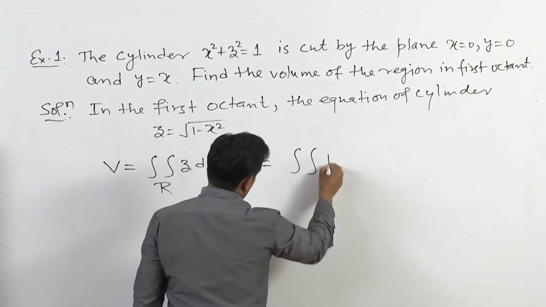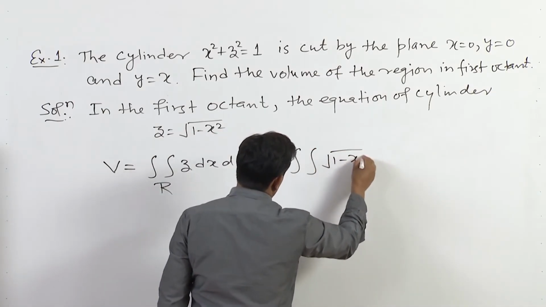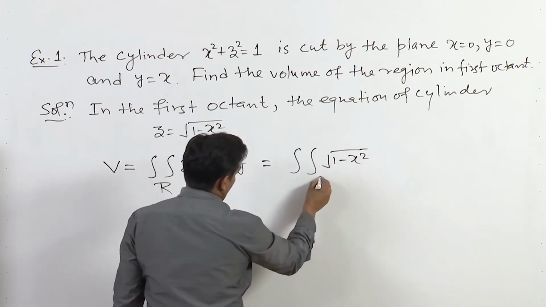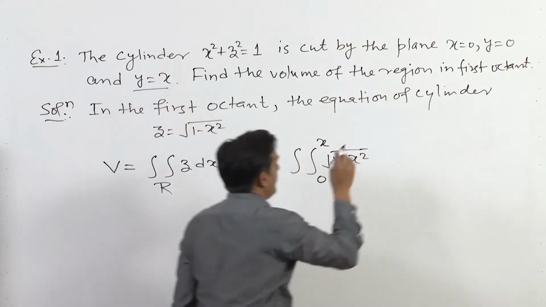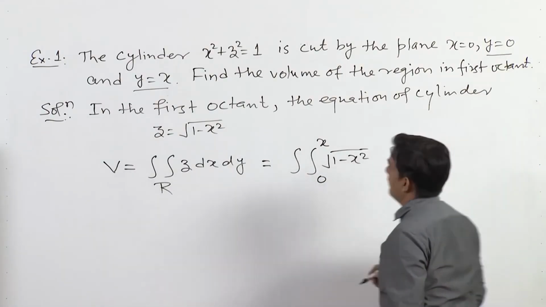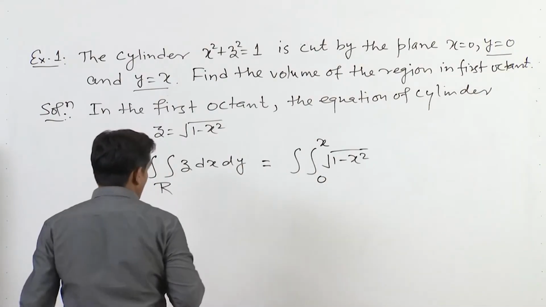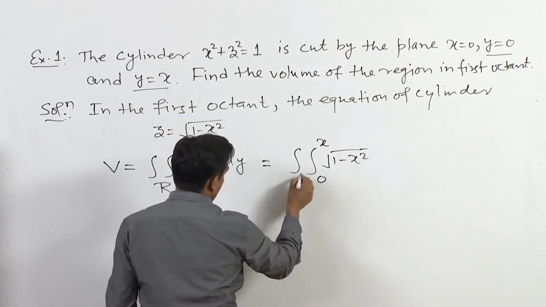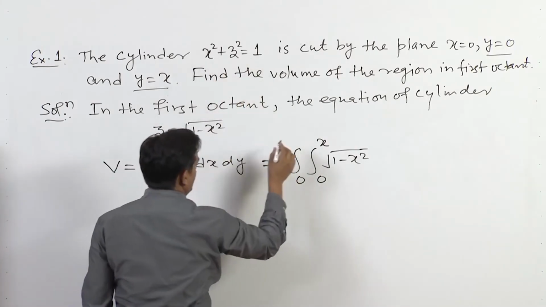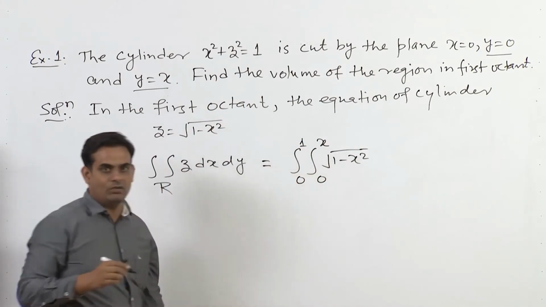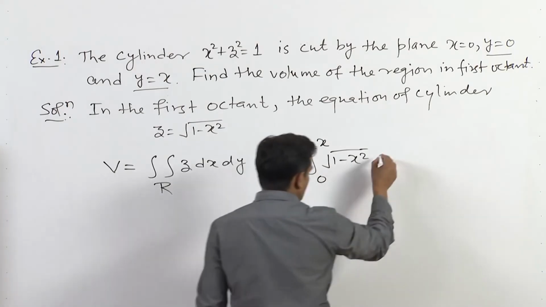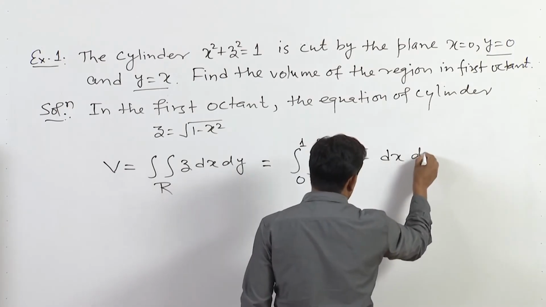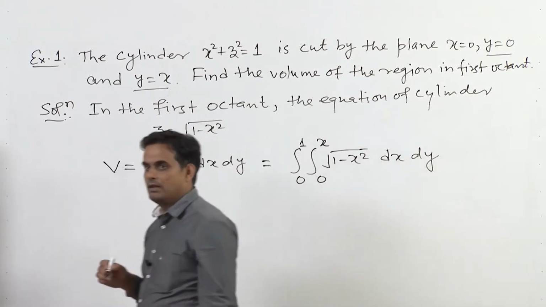So z will be square root of 1 minus x square, y will go from 0 to x, that is y equals x and y equals 0, and in the xy plane where z equals 0, x will go from 0 to 1, and then dx dy.